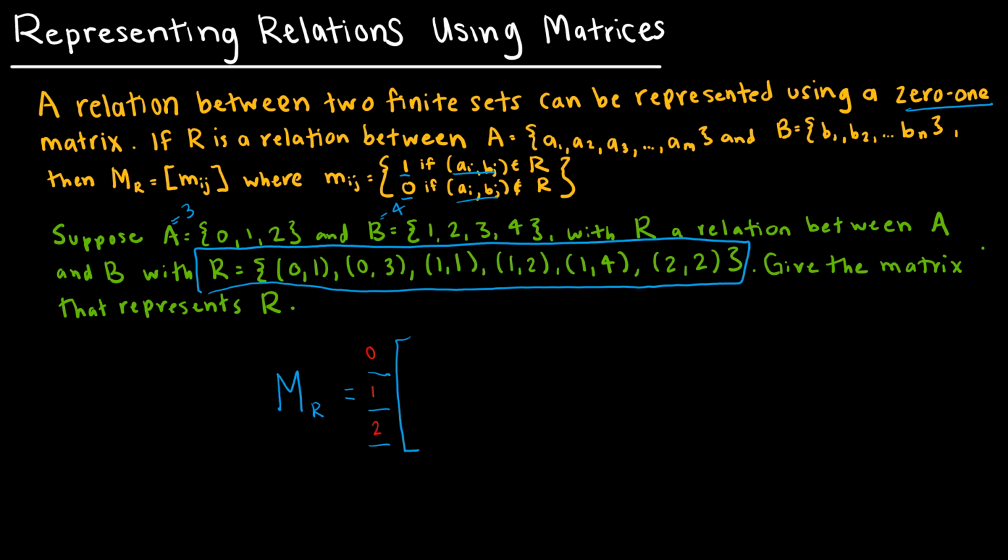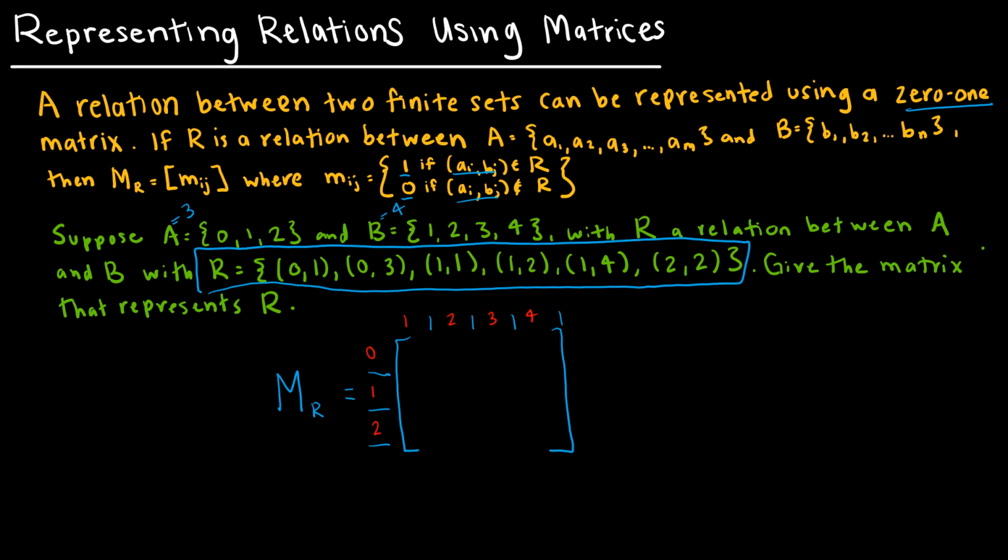We've got 3 this way, and we've got 1, 2, 3, 4 this way. If you want to put those values on there, you can. Essentially, I'm going to put a 1 if that point is in the relation and a 0 if it's not.